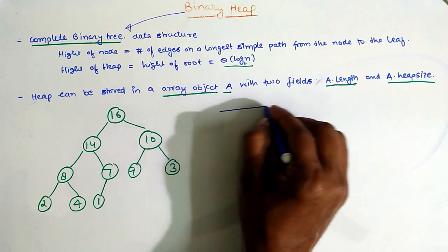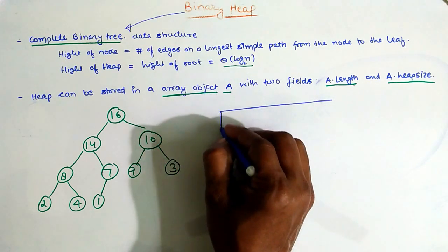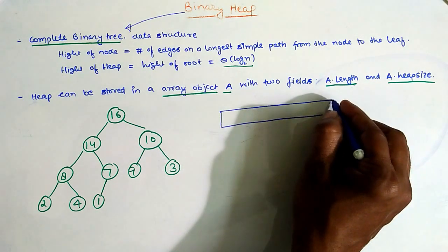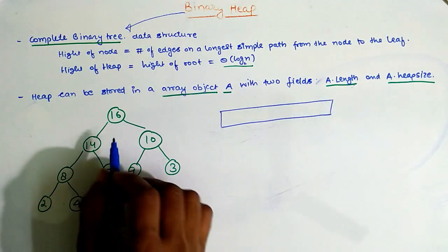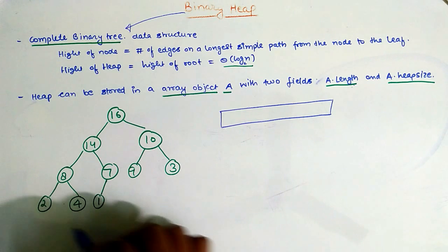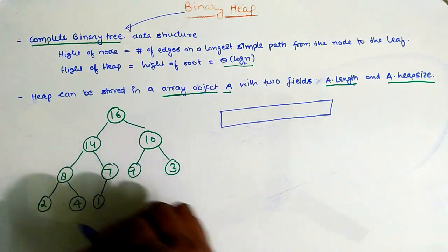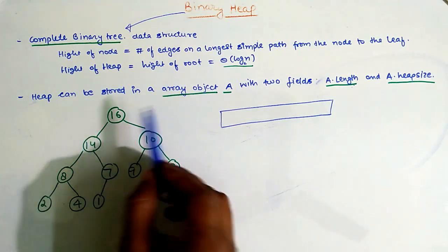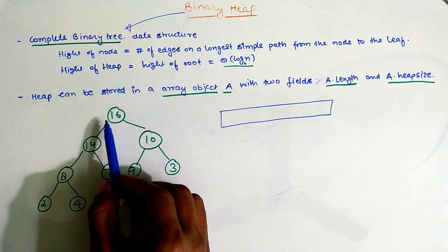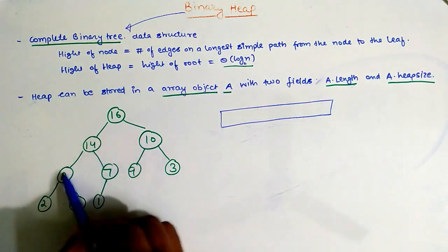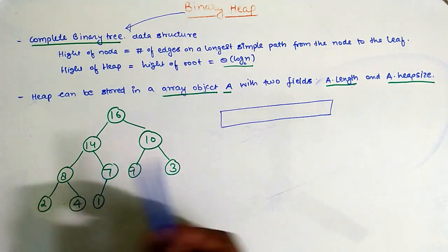Suppose we have array A. The length of the array is nothing but the number of elements. So how many elements are there in this tree? Suppose this complete binary tree is given, and we need to store it in the array object. First count the number of elements. We have 1 2 3 4 5 6 7 8 9 10 elements.